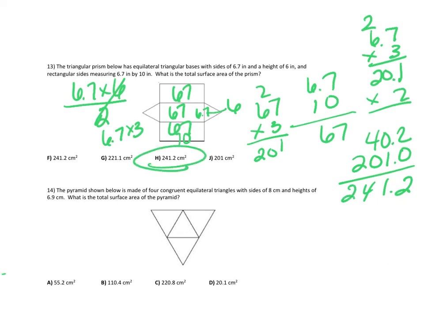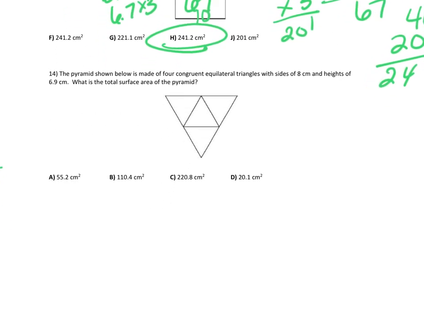Then our last one, the pyramid shown below is made up of 4 congruent equilateral triangles with sides of 8 centimeters and heights of 6.9. What's the total surface area? Well, you have to find the area of one triangle and then multiply it by 4. So 6.9 times 8 divided by 2.